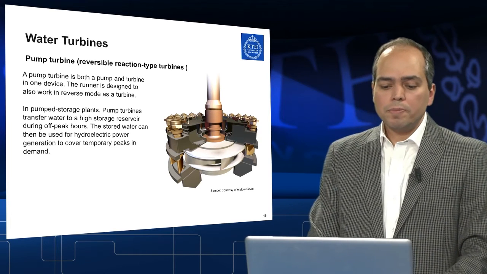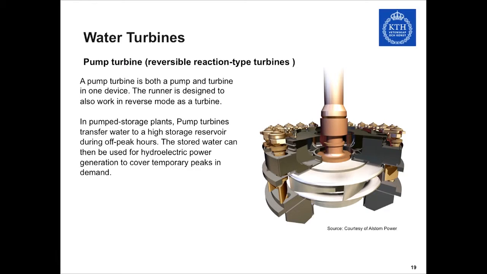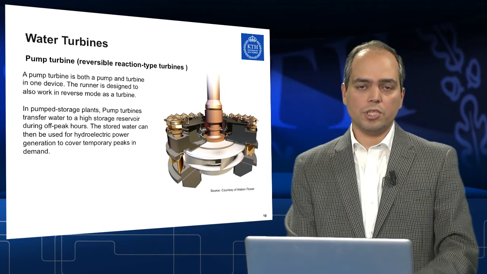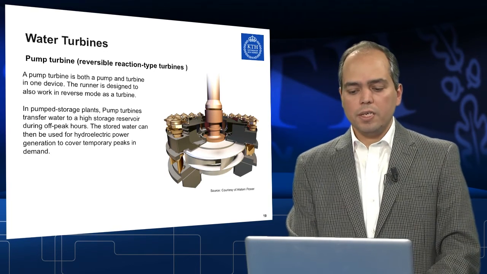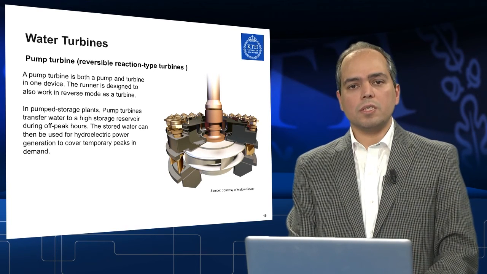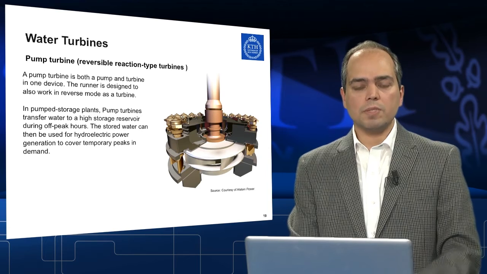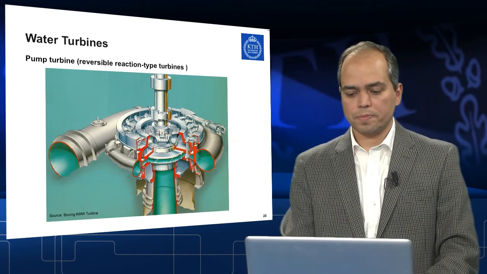And then finally, the pump turbine, or reversible reaction turbine. They are turbines that are in fact pumps at the same time. Depending on the direction of rotation, they can act as both a pump or a turbine, and they are commonly used in pumped storage schemes, as we discussed before.